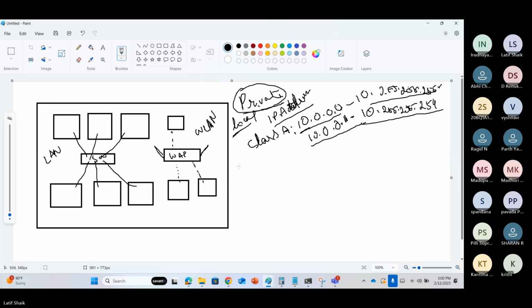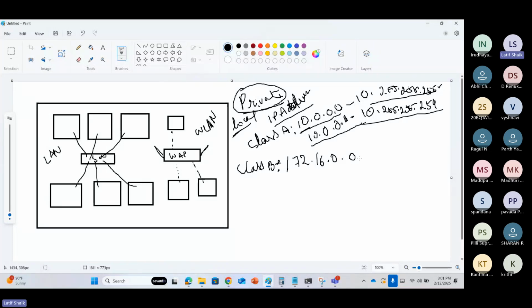Next is class B. 172.16 is one network, and here around 15 more networks are given.